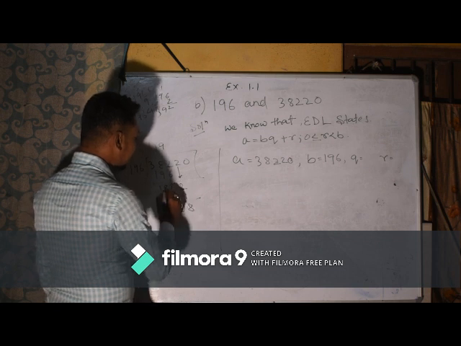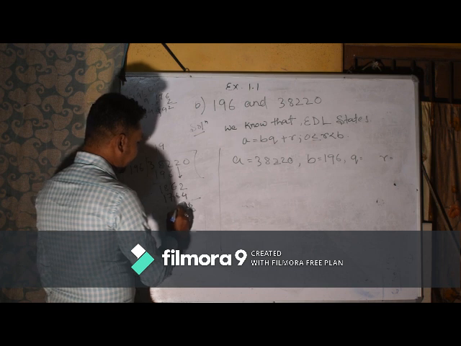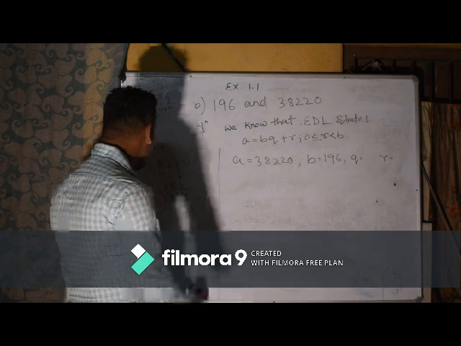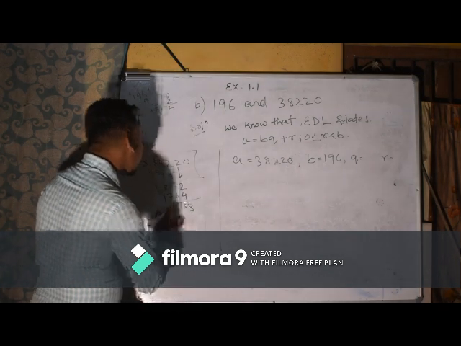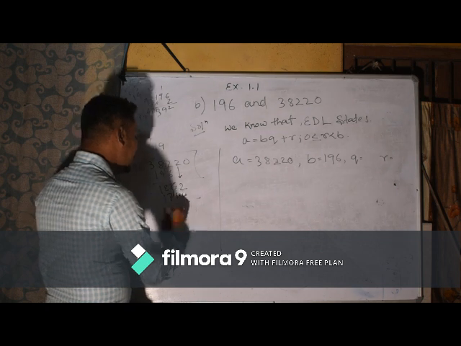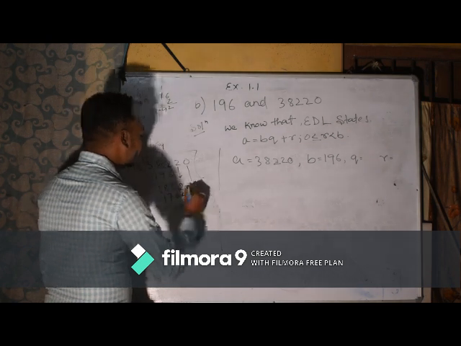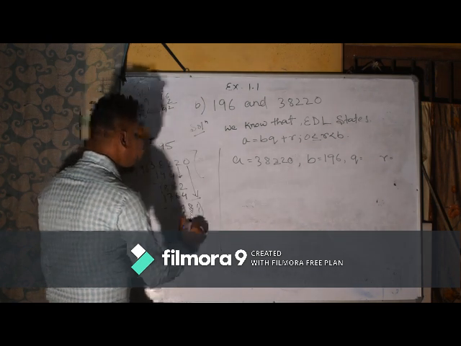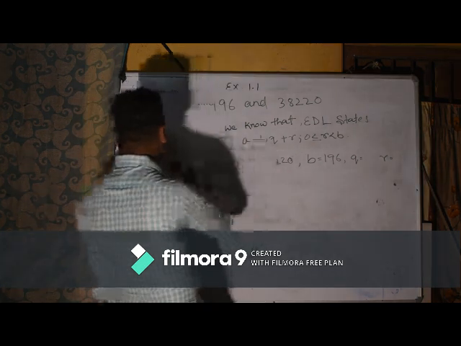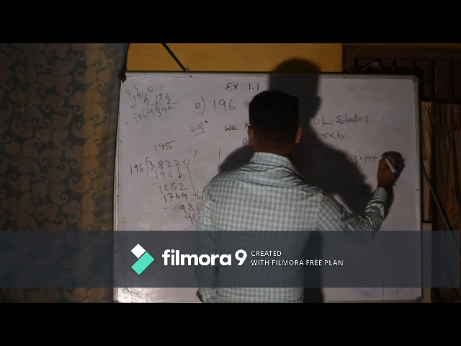Okay, sorry, 8, 7, 9, and 0 will come down and it will become 598. You check it, you will get Q is equal to 195 and R is equal to 0.